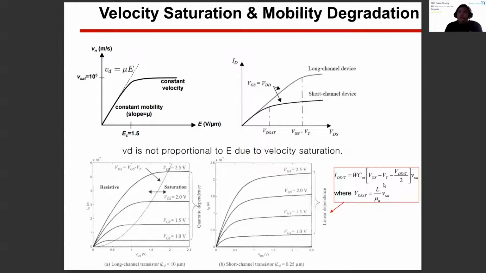However, if we put this velocity saturation formula in the current formula, the saturation current in short channel devices looks like a first order function, because if we put the velocity saturation formula here, the order is reduced into first order.